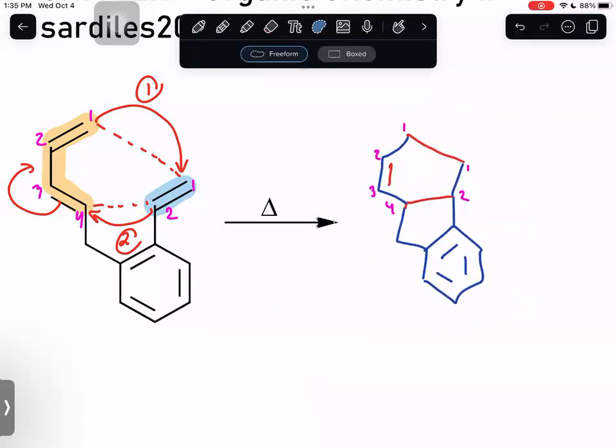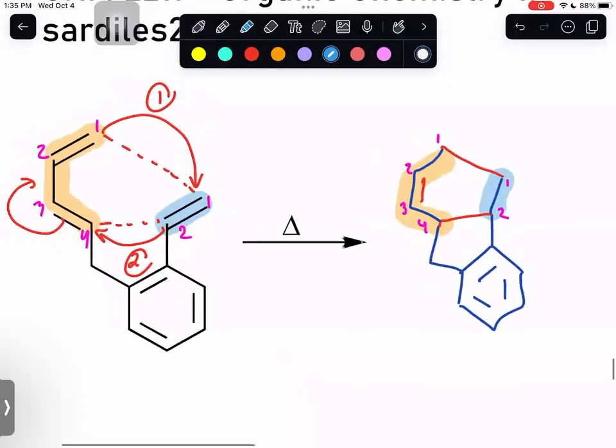So it looks a little funky, but that's your little guy. And then in here, this was your diene.